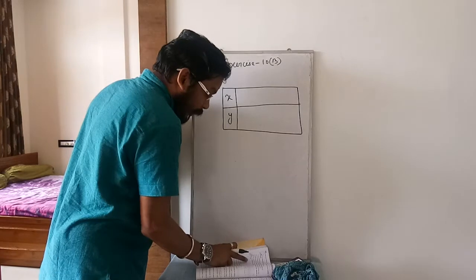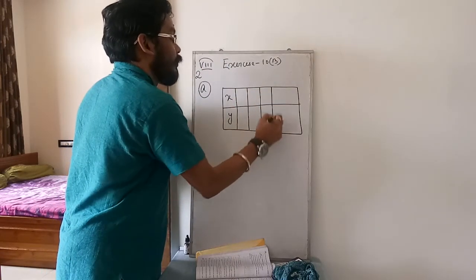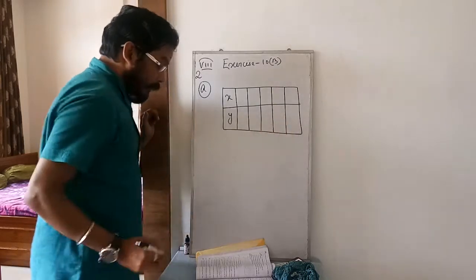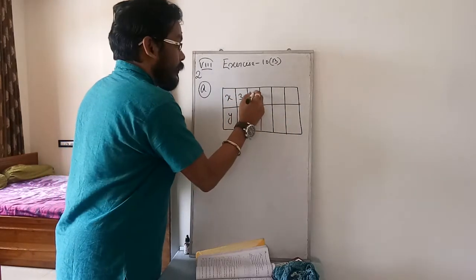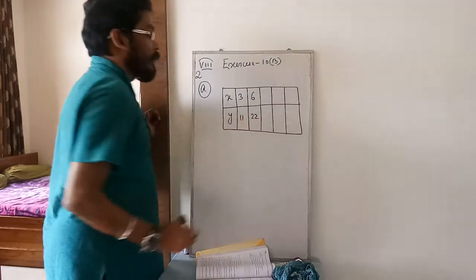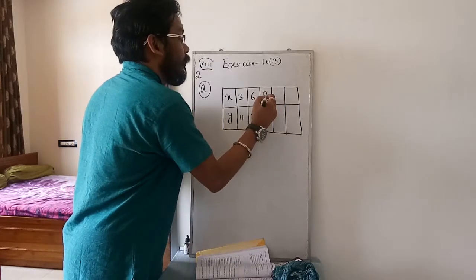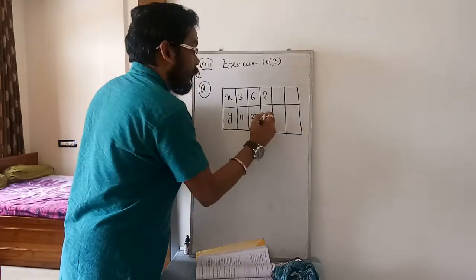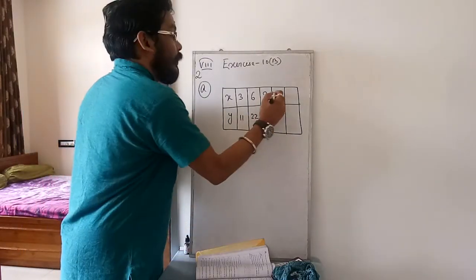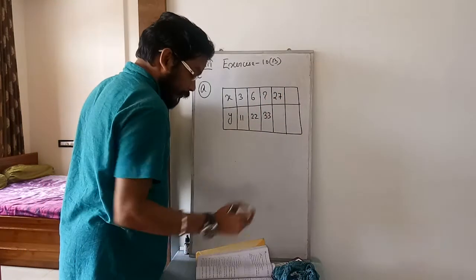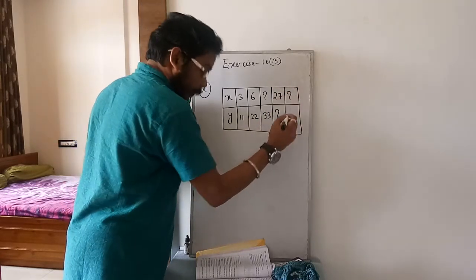How many boxes do I have? 1, 2, 3, 4, 5. Here it is 3, 11, 6, 22, then question mark, 33, 27, question mark, then question mark, 880.